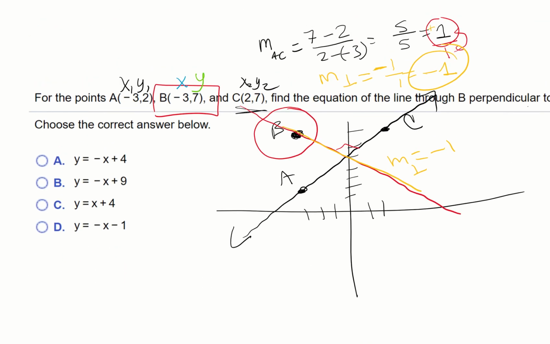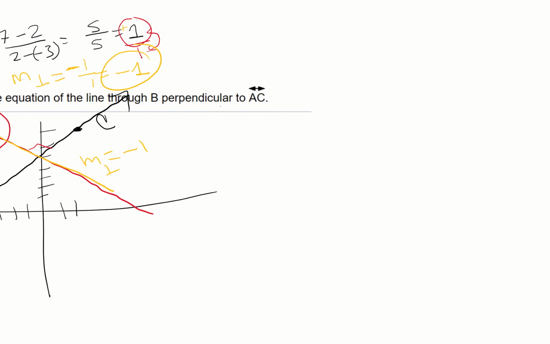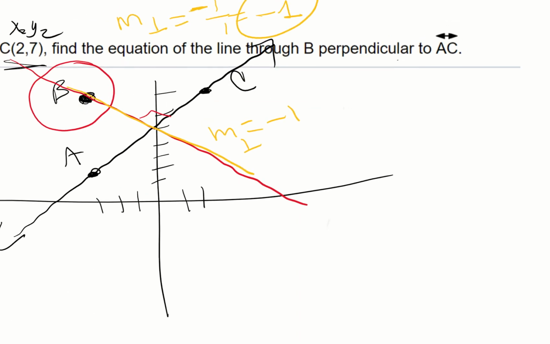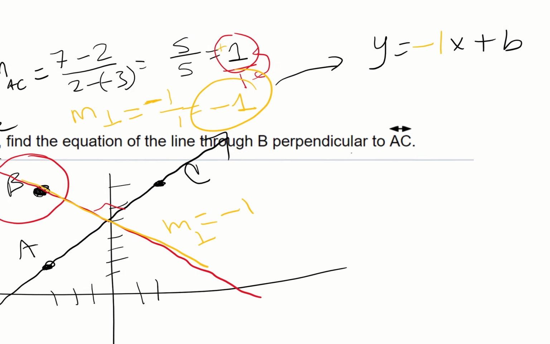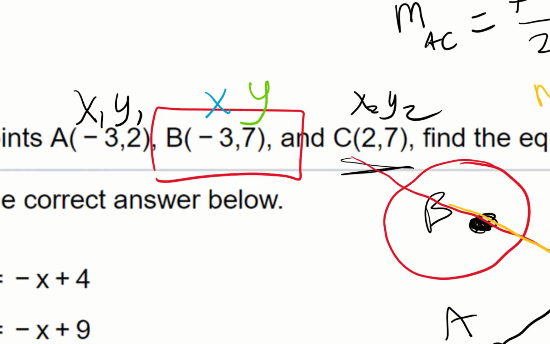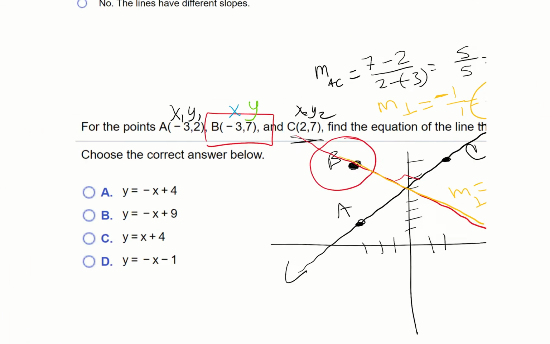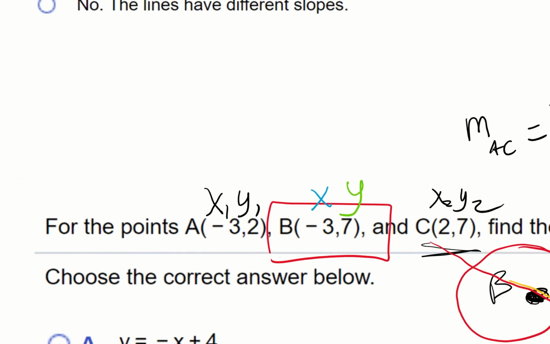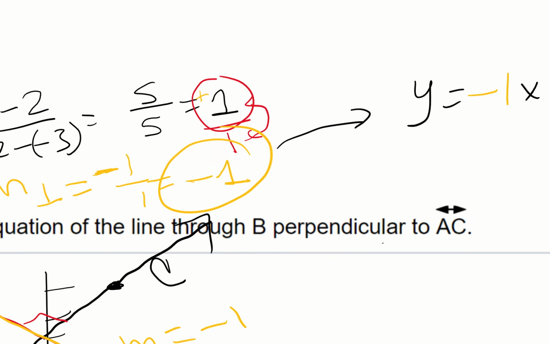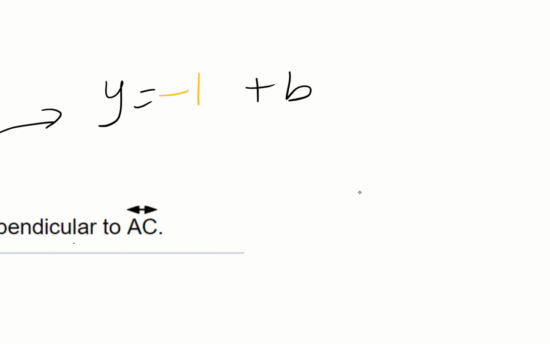Now we plug this into y equals mx plus b. Let's replace m, which is the slope, with negative 1. Let's also replace y and x with the coordinates of B. Sorry, x is negative 3, y is 7.